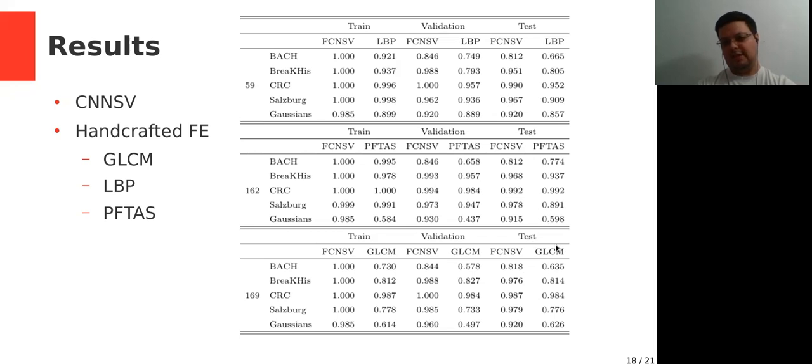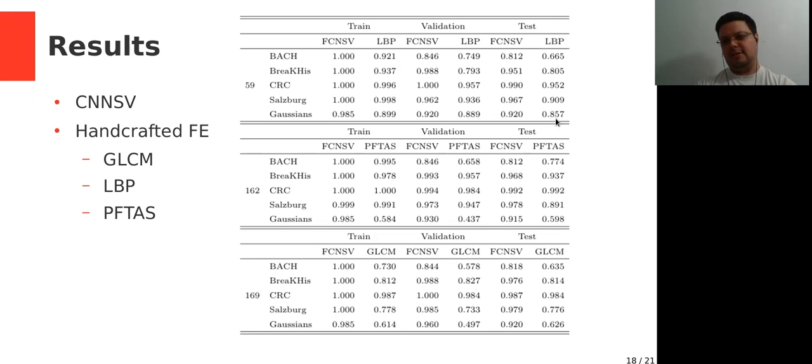If we take a look at the other data sets, the other feature extractors, for example, LBP, PFS, and GLCM, each one has an advantage in one data set. It occurs in some cases here. For example, in this case, LBP is better than PFS, a little bit, on Salzburg.